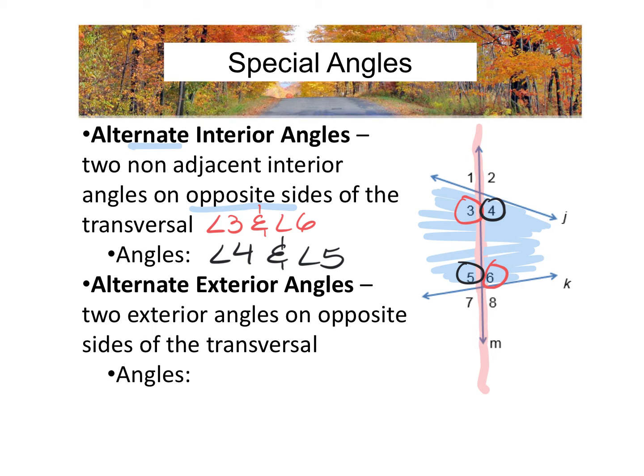Now we're going to identify the exterior. So 1 and 2 and 7 and 8 are exterior angles. And then now I need non-adjacent, so they can't be next to each other. They're on opposite sides of the transversal. So in this picture, I can say that angle 1 and 8 are alternate exterior.